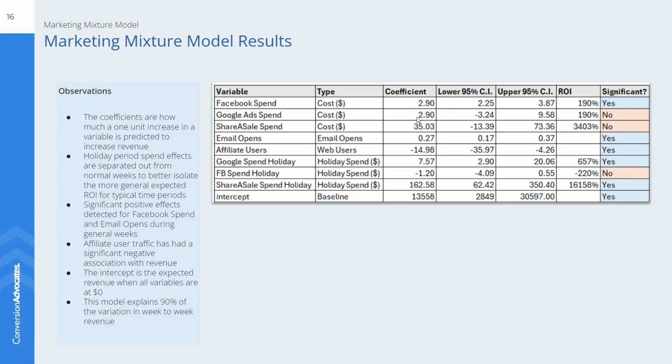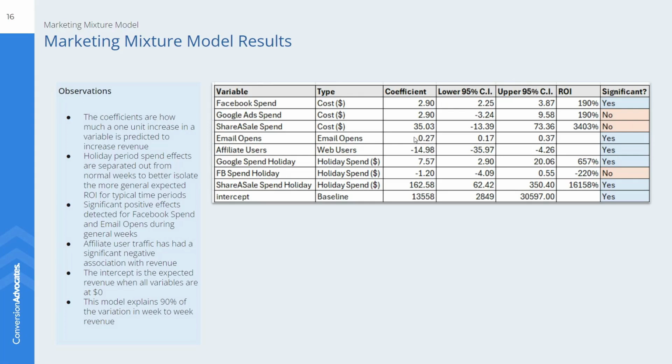And that's the same for Google Ads. The model came up with the same coefficient, but we're much more confident in Facebook. We have a lot more data. This result is statistically significant, and we're 95% confident the true return on investment in Facebook is somewhere between 2.2 and 3.87, or return on ad spend, I should say.